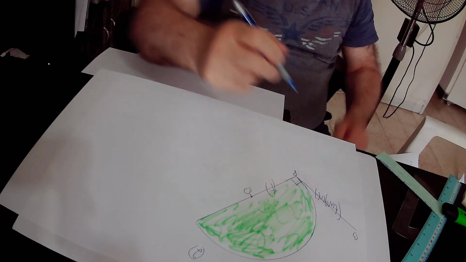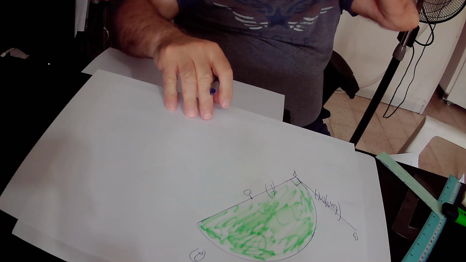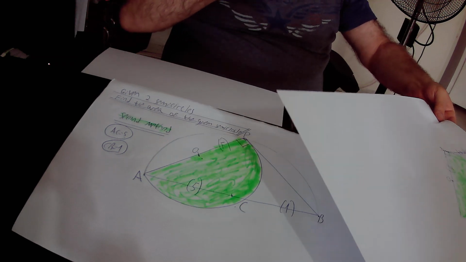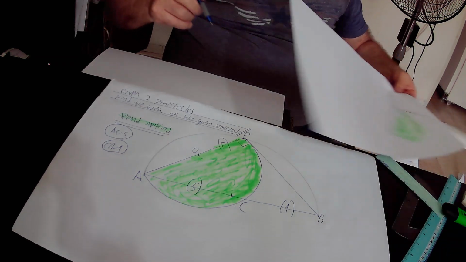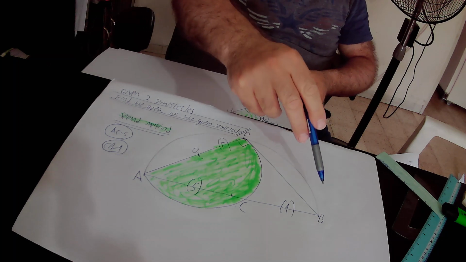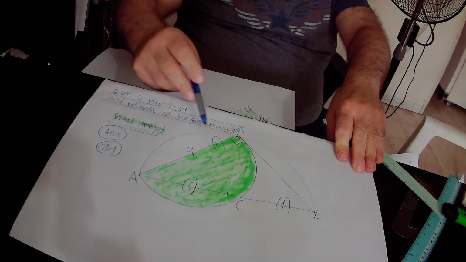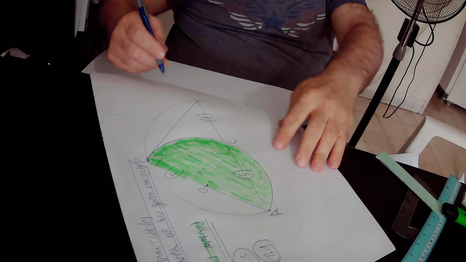Okay. So here we have BP tangent to the radius PO, so I write it down.